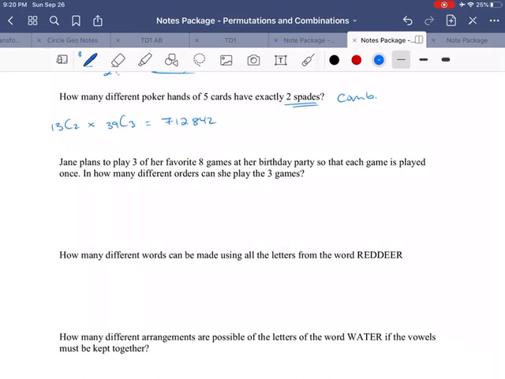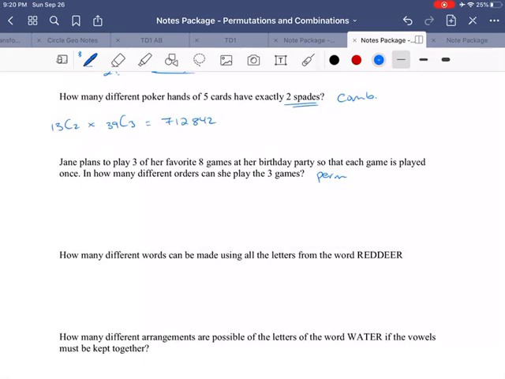Jane plans to play 3 of her favorite 8 games at her party, so that each game is played once. How many different orders can she play the 3 games? That's a permutation. Okay, whether you play Tetris and then Donkey Kong is different than if you play Donkey Kong then Tetris.